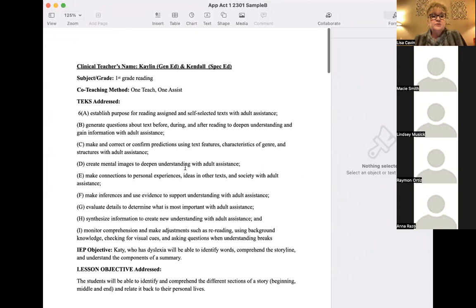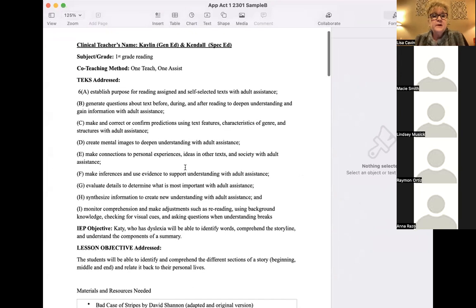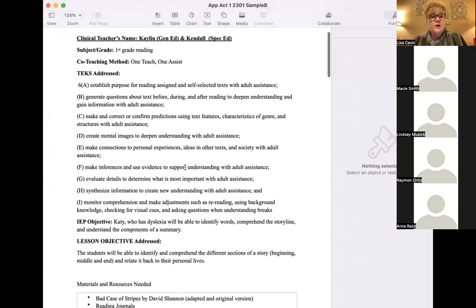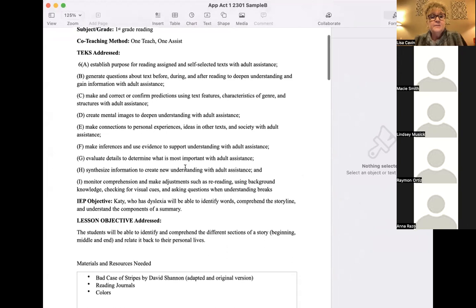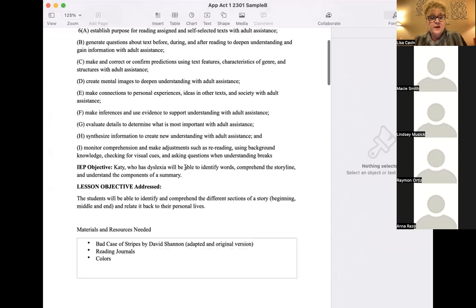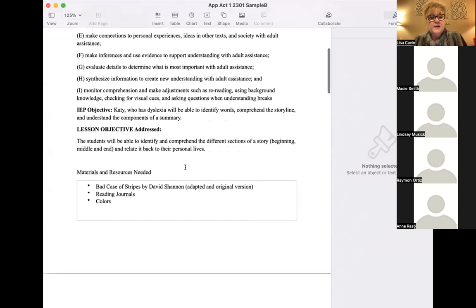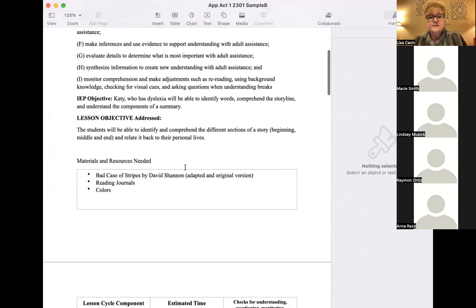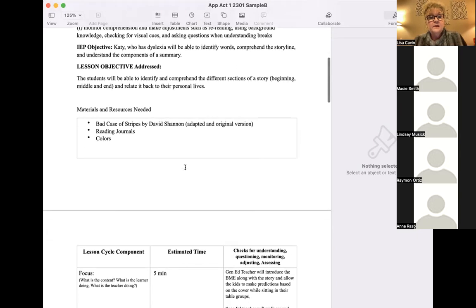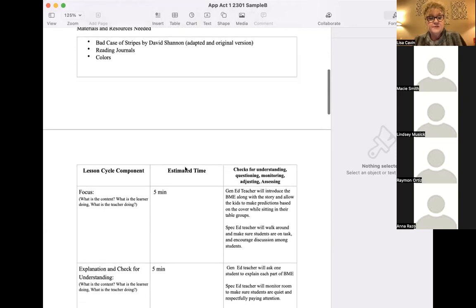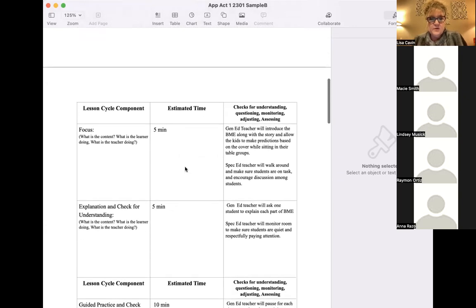This was a first grade objective, and the co-teaching method, you can see it looks a little bit different from the other one. The method that they used was one teach and one assist. They named their TEKS that were being addressed, and the IEP objective for Katie, who has dyslexia. The lesson objective, the materials needed, and you see they put theirs together completely differently.